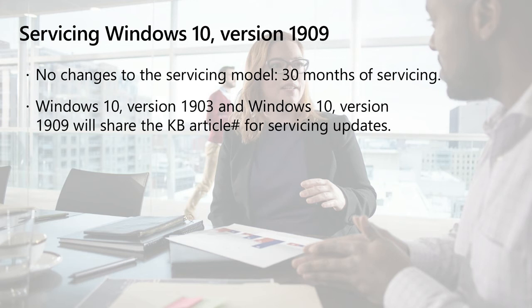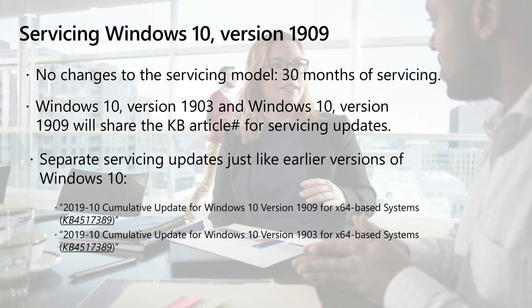So essentially, when you go look for issues with servicing updates or what issues they are fixing in our communication center, you're going to refer to the same KB article, which is going to be talking about both Windows 10 version 1903 and Windows 10 version 1909. But to make sure that none of your deployment rules or policies have to change, we're going to make 2 different update entities available to you in all the different channels, catalog and/or WSUS.